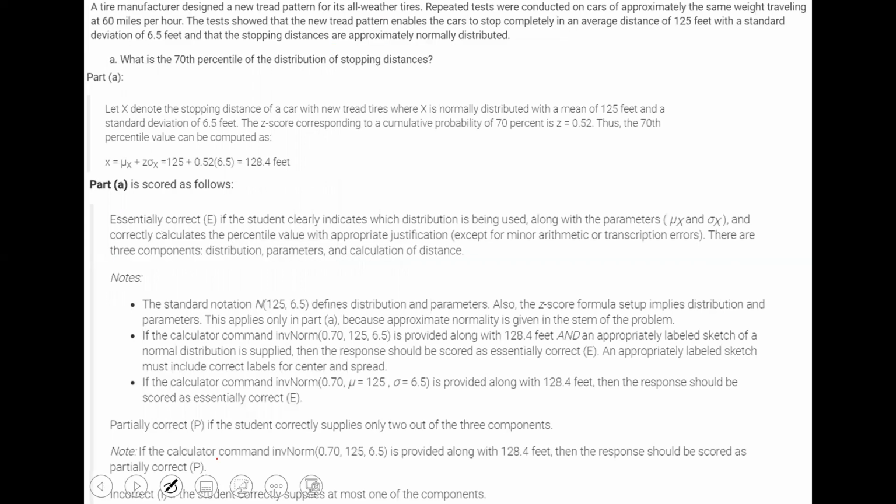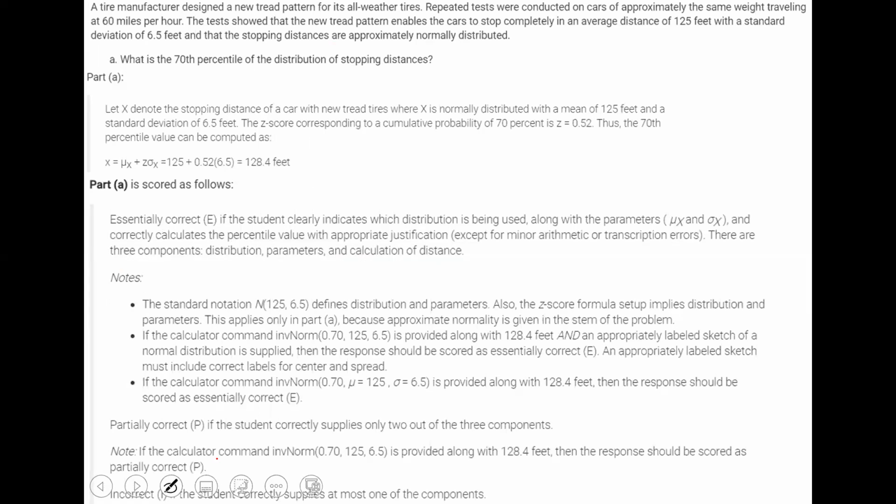Number two, a tire manufacturer designed a new tread pattern for its all-weather tires. Repeated tests were conducted on cars of approximately the same weight, traveling at 60 miles per hour. So that is the control part of this experiment, right?